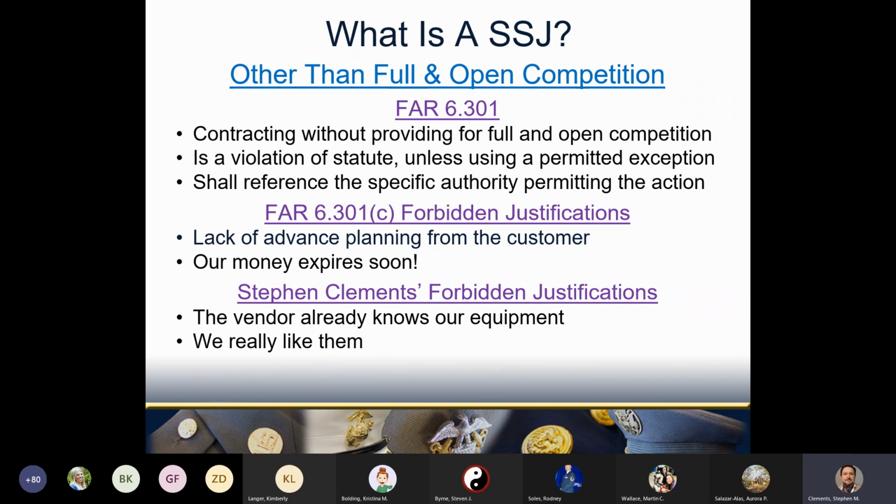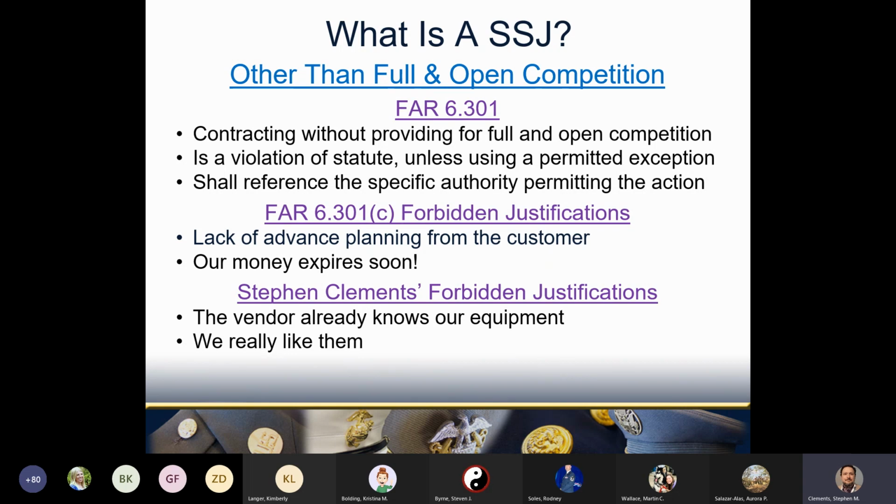Going back to the first point, saying we waited too long to make a new contract for something we knew we would need, and we need contracting to slam a new contract into place right now, is not a legal justification. However, having a pipe burst and flood your hospital is a good reason, because we didn't know that was going to happen when it happened.